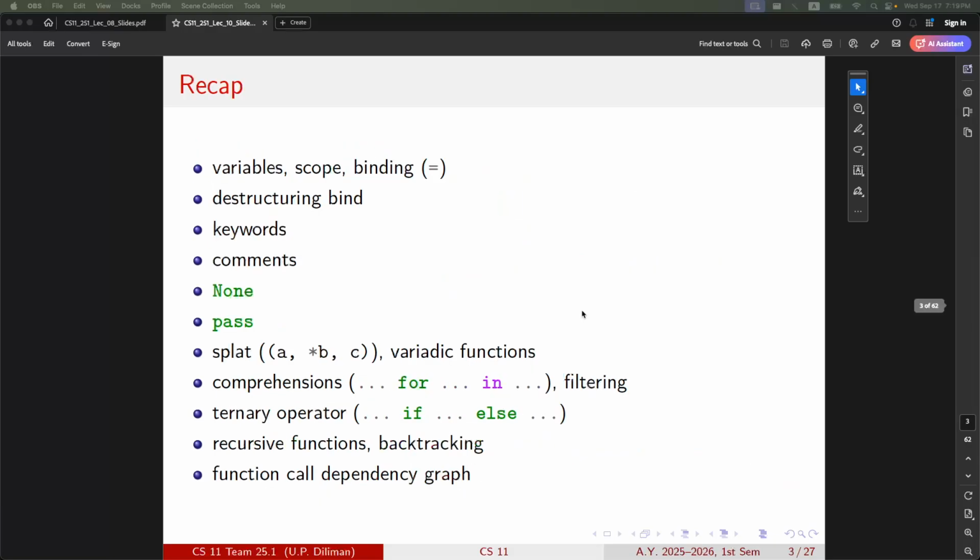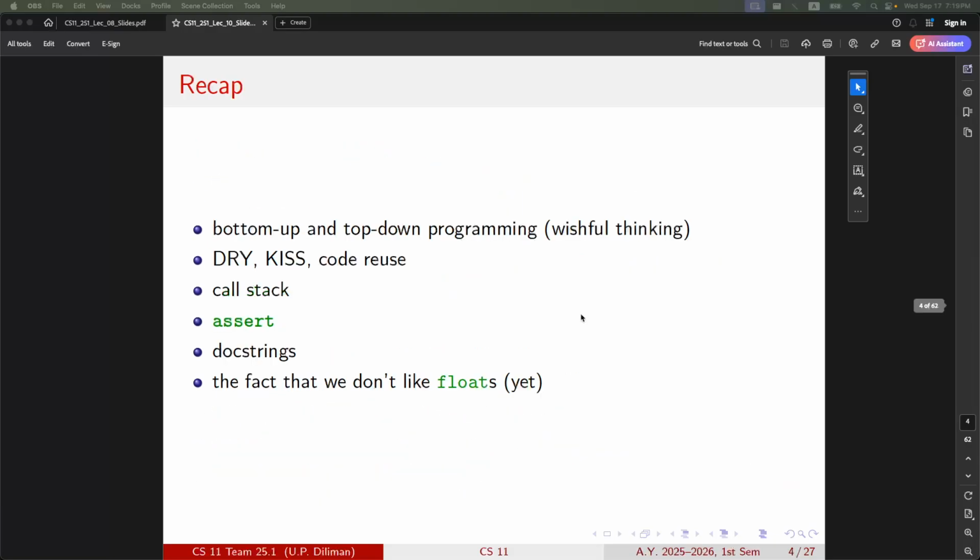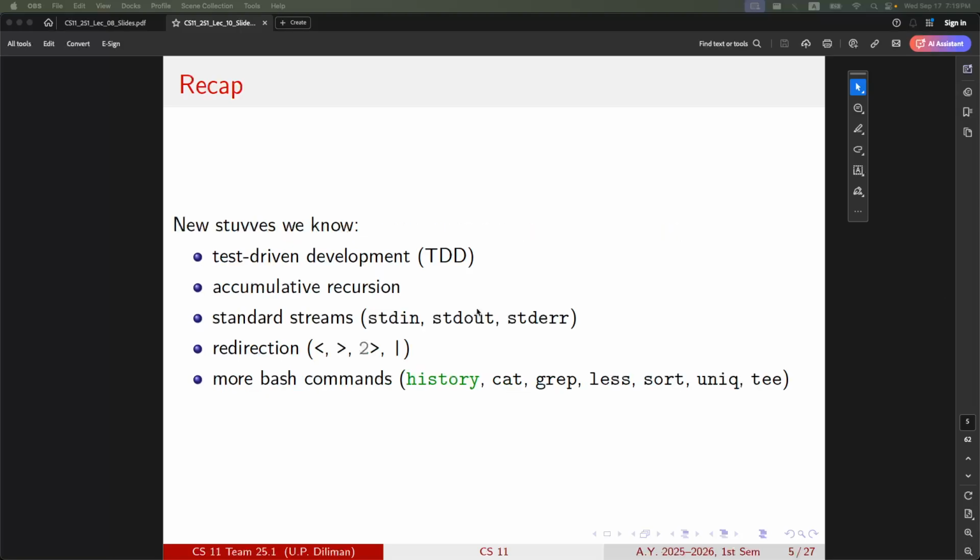Quick recap of what we learned so far from previous lectures and lab lectures. From the previous lecture, we learned test driven development, where sometimes it's a good idea to start writing tests first for the code that we're going to write.